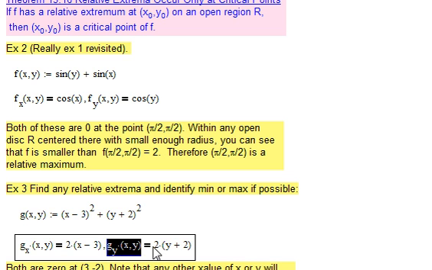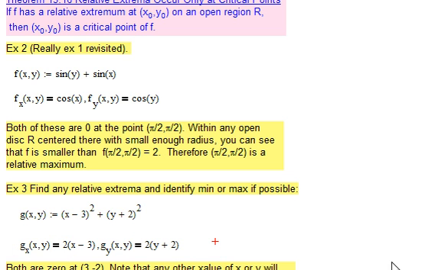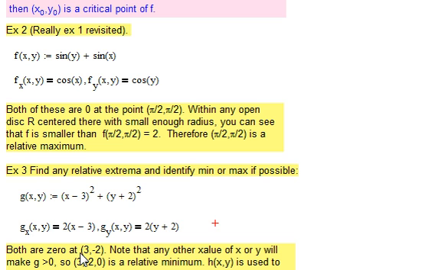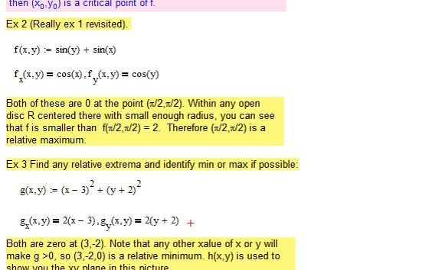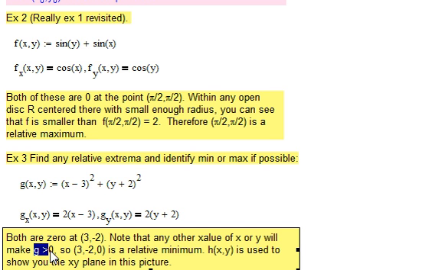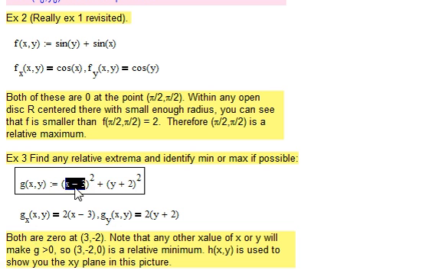The derivative with respect to y of g is 2 times (y plus 2) times the derivative of the inside function, which in both cases was 1. Both of these are 0 at the point where x is 3 and y is negative 2. Any other value of x or y will make g positive, because if you square this and square this, you're going to get a positive number.